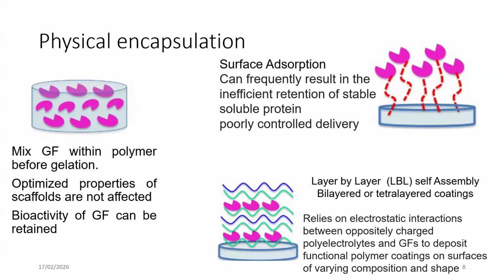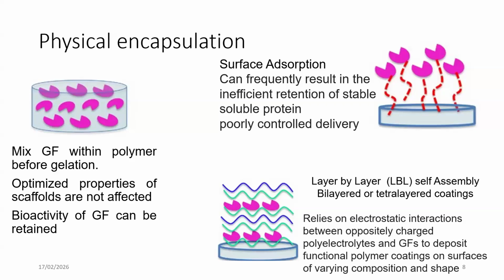Another way of physical encapsulation is doing layer by layer assembly. Okay, bilayered or tetralayered coating. So what happens is, as I said earlier, imagine I have a disc, I immerse it in a growth factor medium, I take it out, I let it dry, and then I immerse it again. So the second layer would go onto the first layer. I take it out, I dry it, I coat it again.